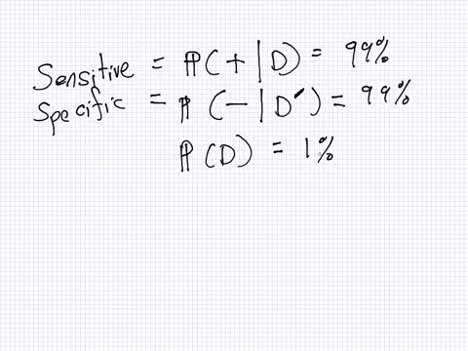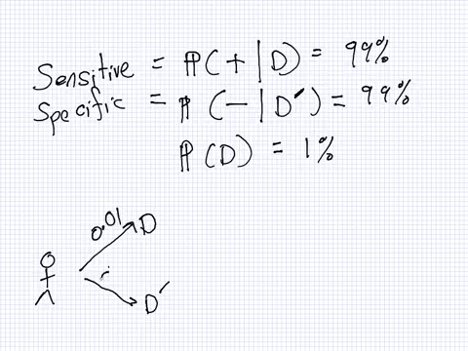Okay, so first let's draw the probability tree here. So we can start here. Firstly, your person can have the disease or not have the disease. What's the probability they have the disease? 0.01, and no disease, 0.99.